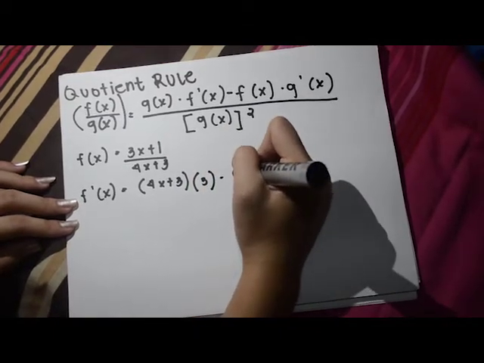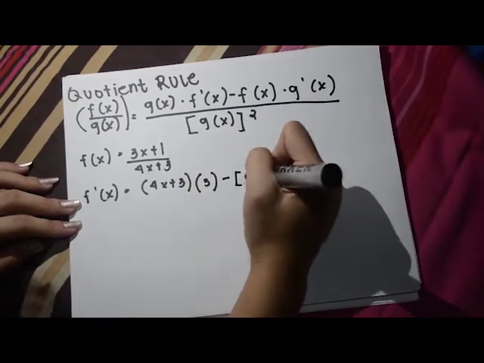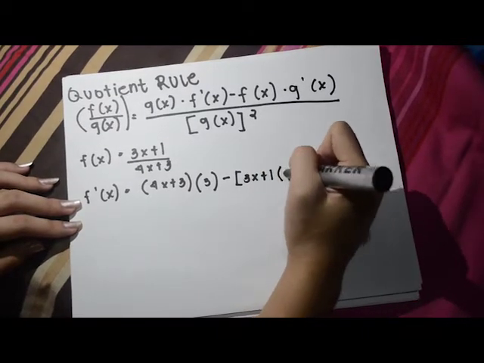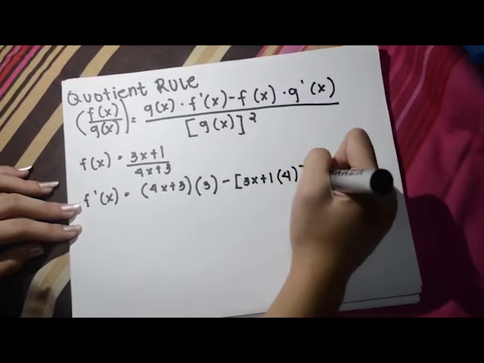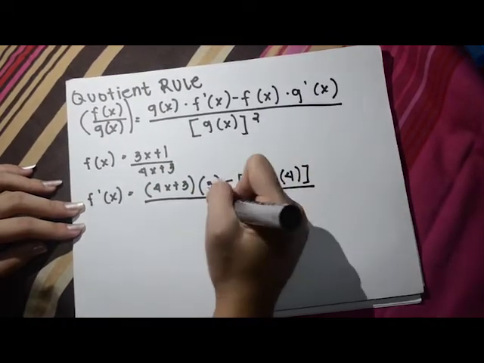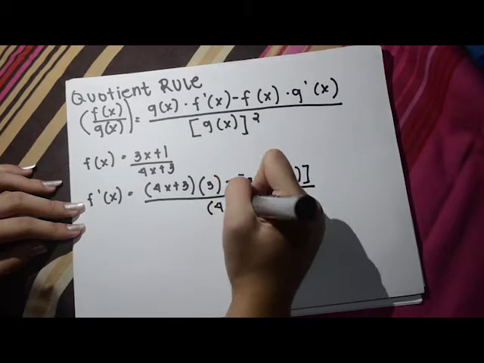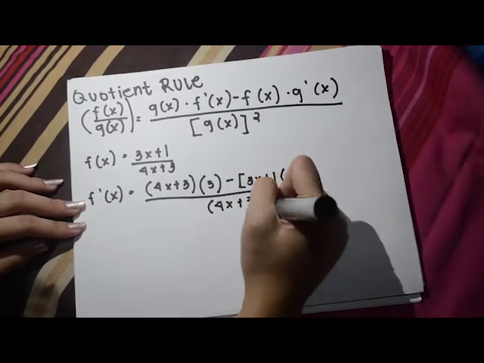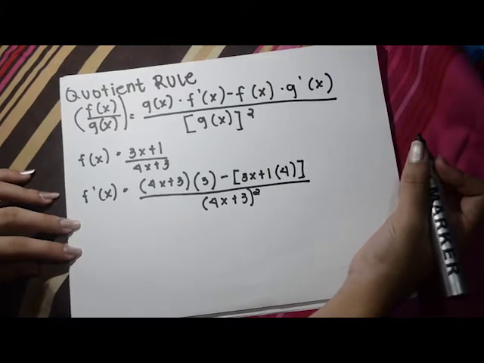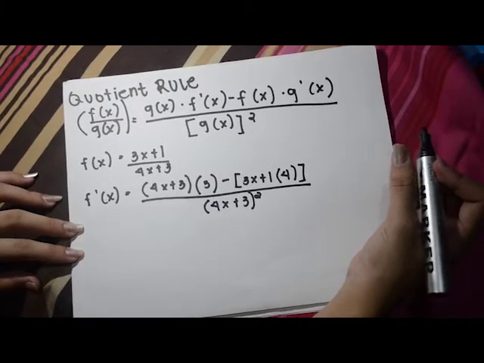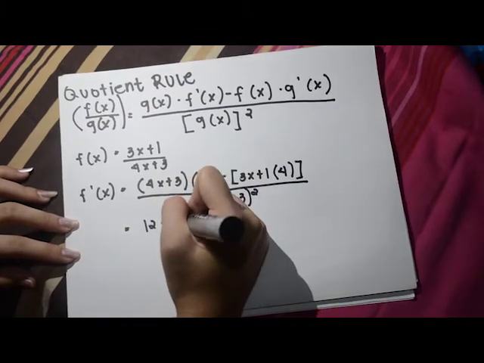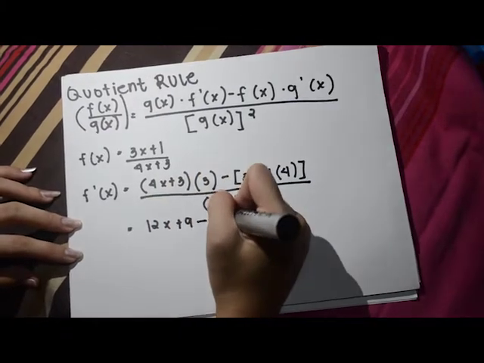The derivative of f of x is equal to 4x plus 3 times 3 minus 3x plus 1 times 4, over 4x plus 3 squared. Distribute 3 to 4x and 3 and distribute 4 to 3x and 1.